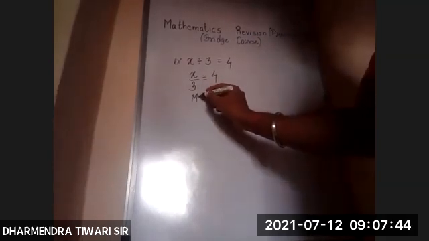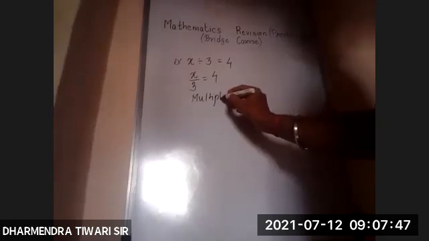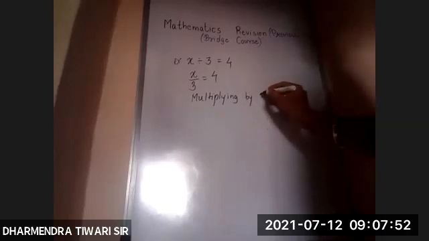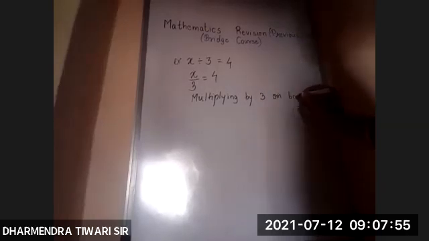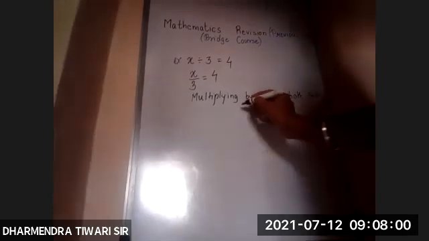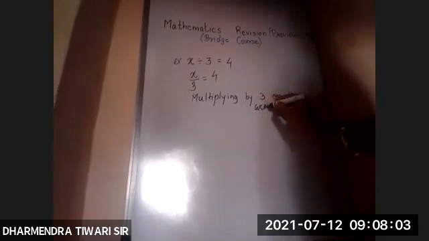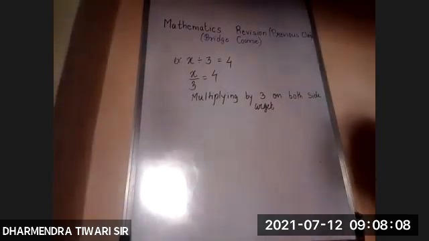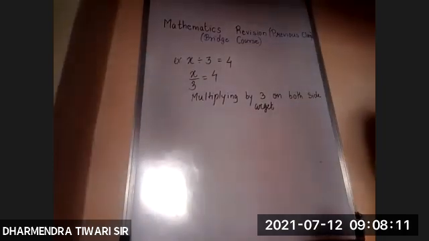So multiplying by 3 on both sides, we get... and I'm showing how to get rid of this type of problem in which you get a number in the denominator. Having a plus sign on one side, how to get rid of that; having a minus sign on one side, how to get rid of this.